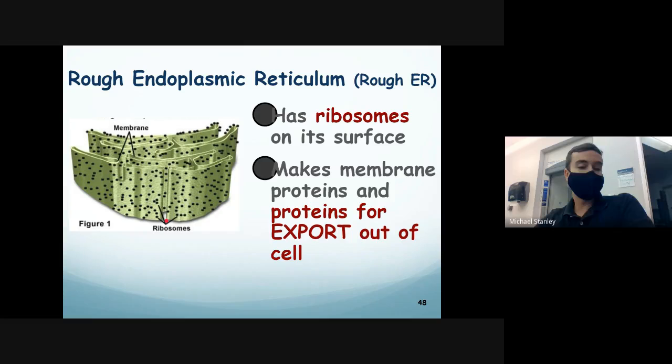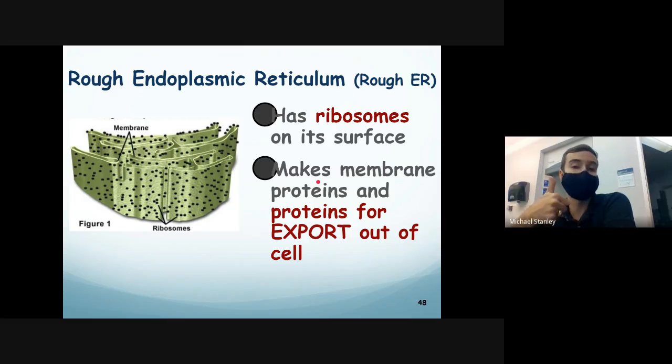So the reason why there's all these ribosomes on the ER is that directly after they are made, directly after they're produced by the cell, the ER will take them and ship them somewhere else. Specifically, if it's the rough ER, a lot of times it'll make proteins that are either going to go into the membrane.